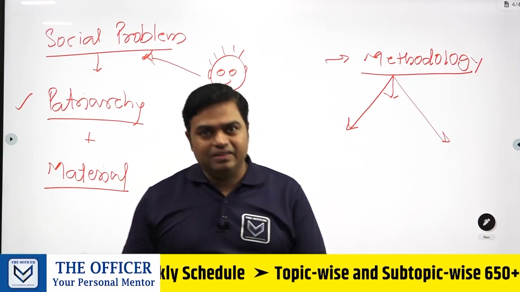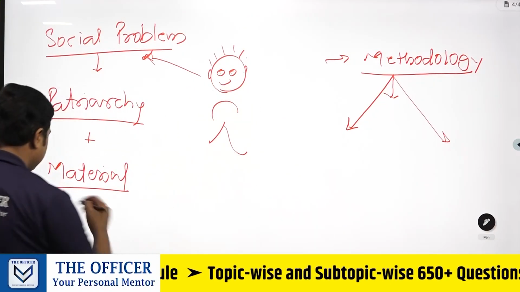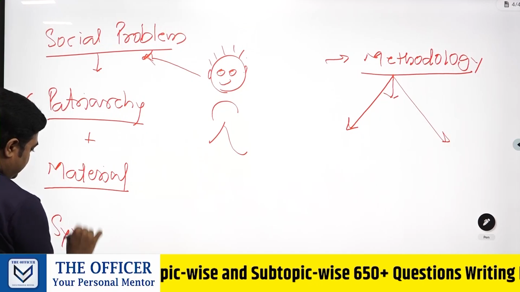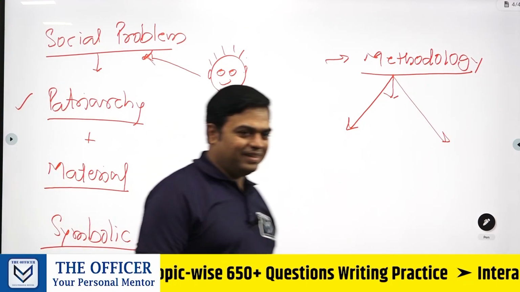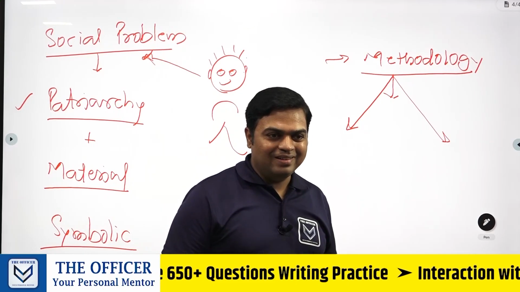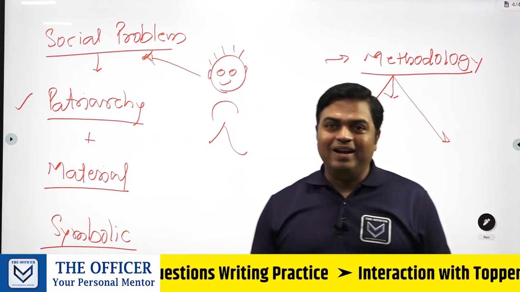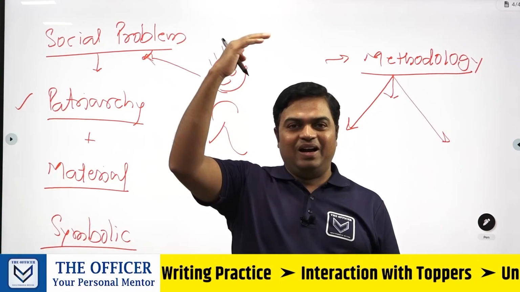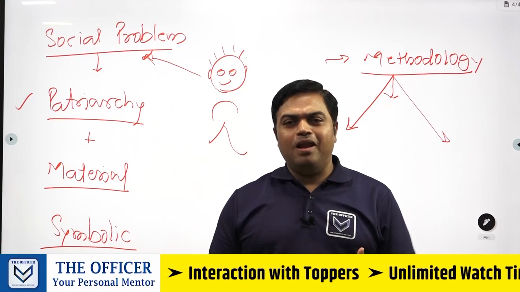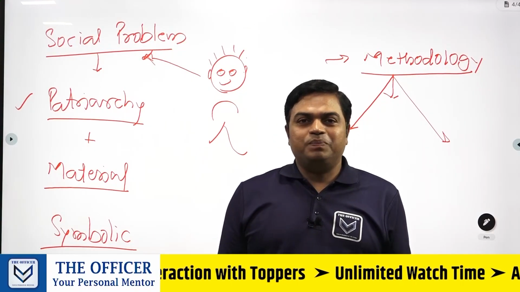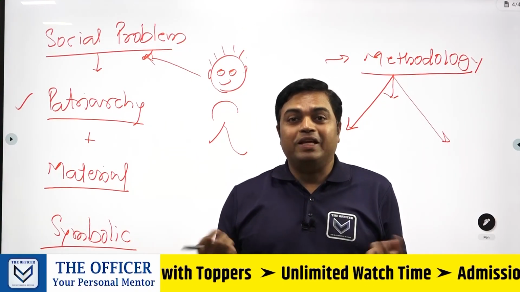On the other hand, there is another reason, and that is symbolic. A symbolic factor is there. What is that factor? To show how much prestige we have. By organizing a lavish marriage ceremony, these people want to show off their prestige.